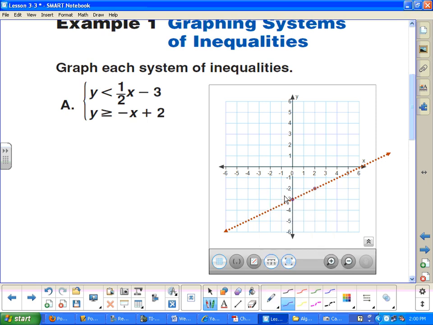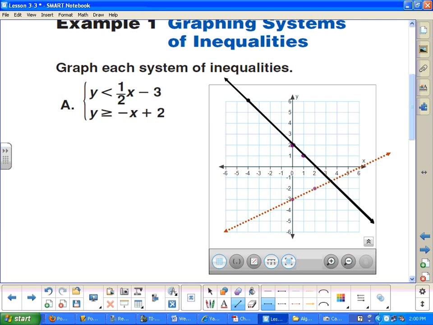So we have the y-intercept of +2. And our slope is -1, so we go down 1 and over 1. And then that's going to be a solid line.